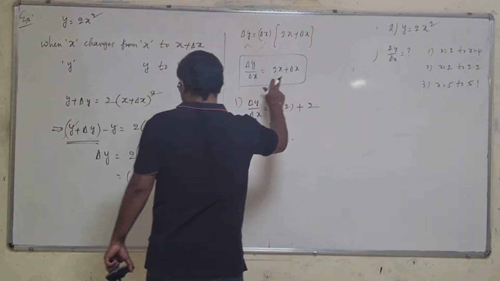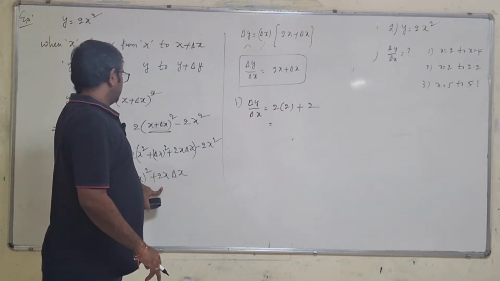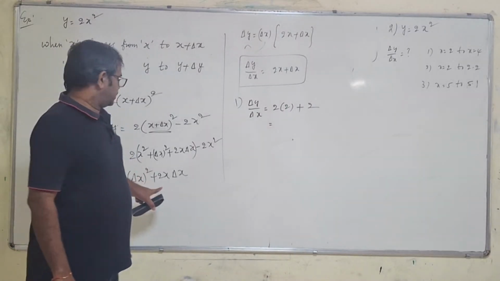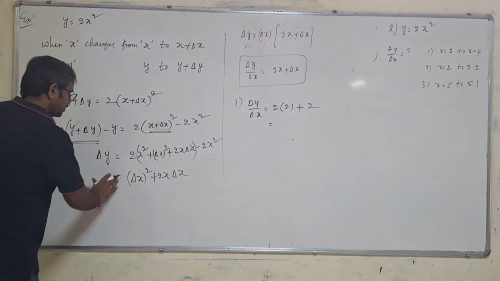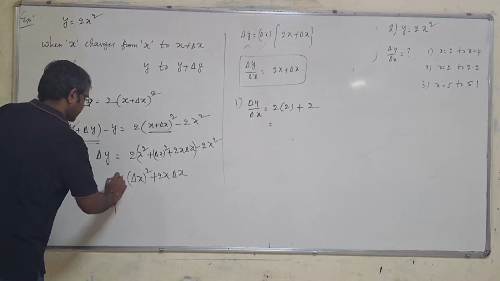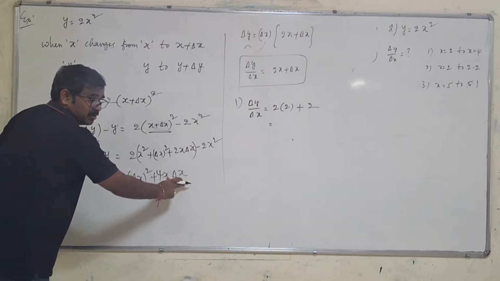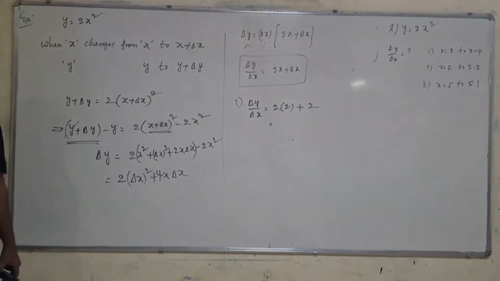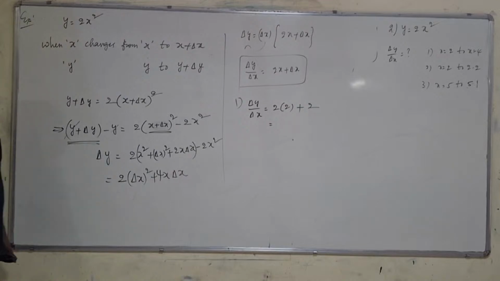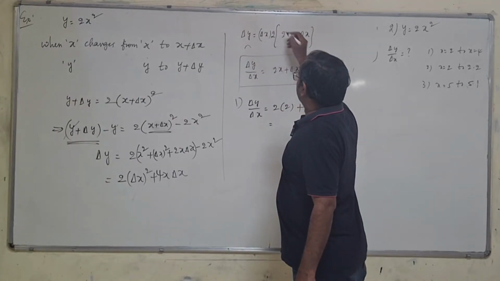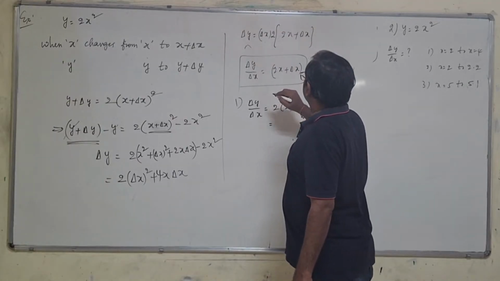Did we make a mistake somewhere here? 2x. 2 should be multiplied in. We forgot that. 2 delta x square plus 4x delta x. That's the mistake. So, thank you. Here it should be written 2. 2 should be written here. Here also 2.